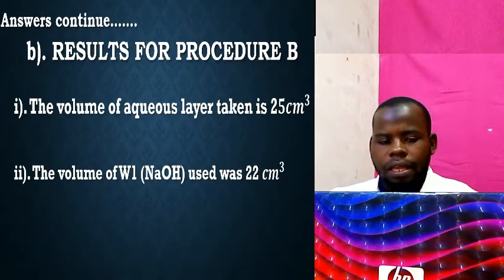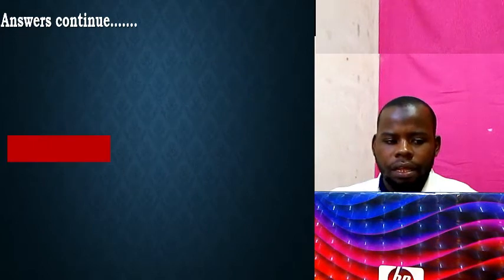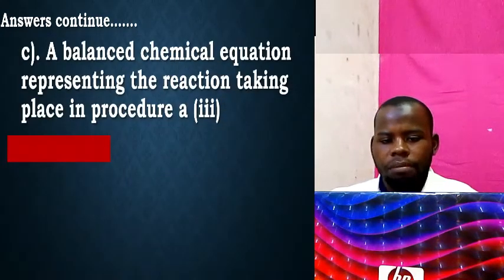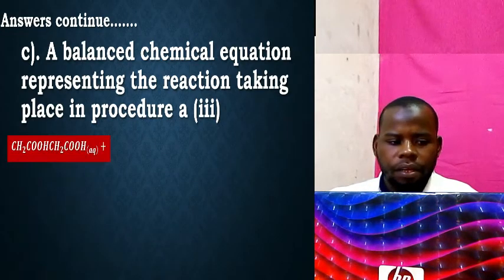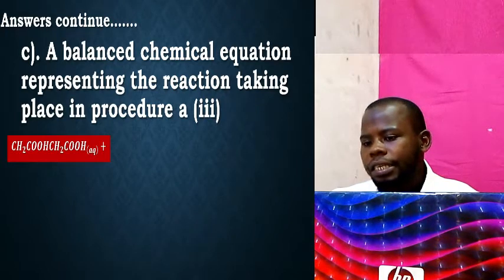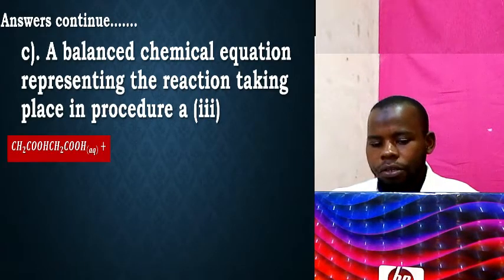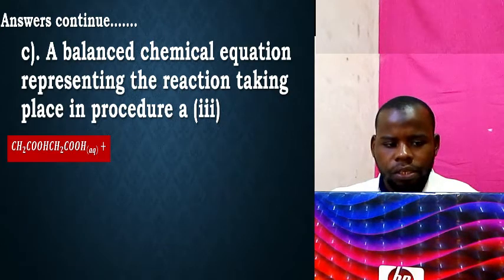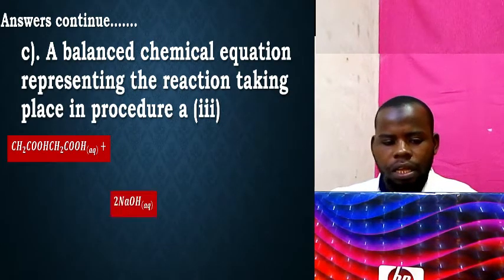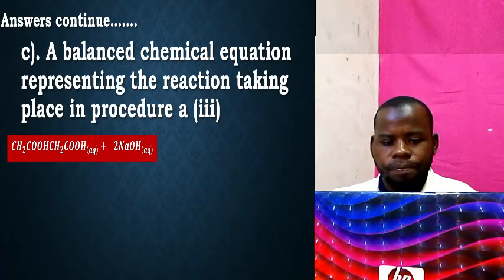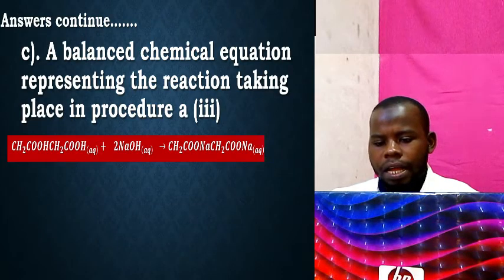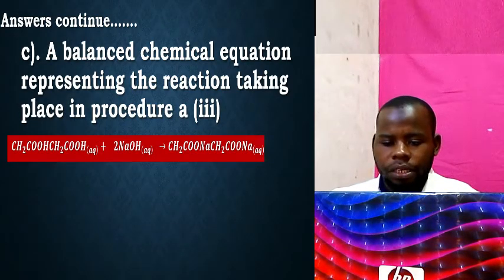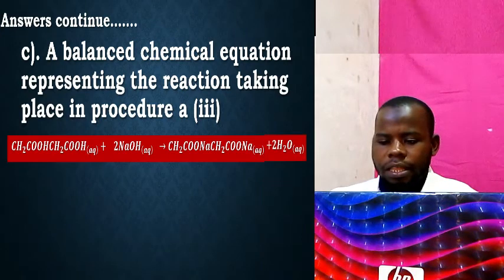We start with the answer for the first question, the balanced chemical equation. Succinic acid has two carboxylic acid groups. So that is succinic acid, aqueous solution, reacting with sodium hydroxide, and the product is sodium succinate, and the end product is plus water, liquid.